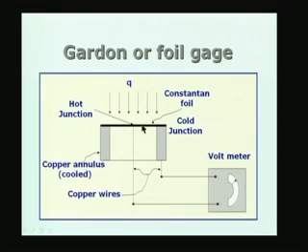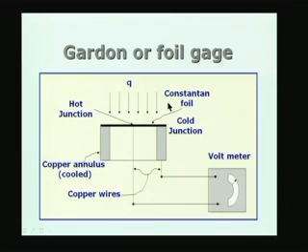Very thin sheet is called a foil, and what I have done is I have taken a constantan foil, or in fact Gardon, the person who invented this, suggested the use of this particular material, constantan foil. And you will immediately recall, if you go back to your temperature measurement, constantan was a material which was used in the case of a thermocouple.